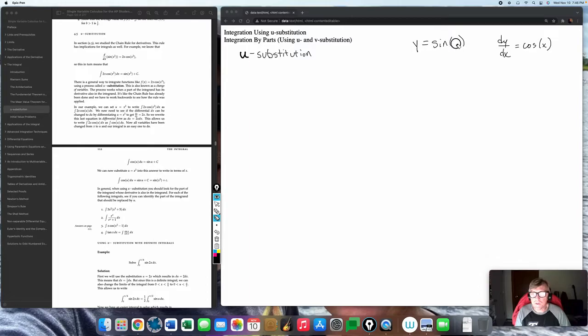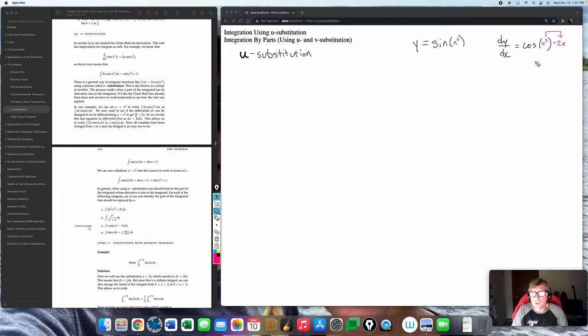But if this was something more complex than x, let's say that we put something inside of the sine function, like x squared, then for the derivative, remember, we have to attach the derivative of the inside, right? And we learned that a couple of videos ago with our derivative techniques.